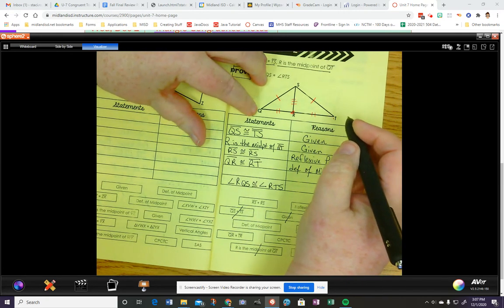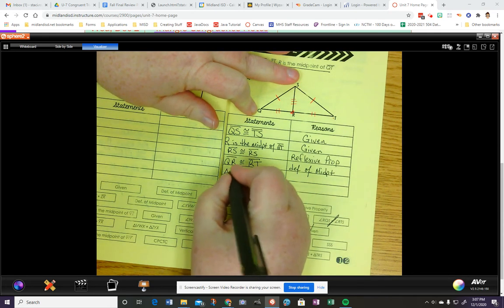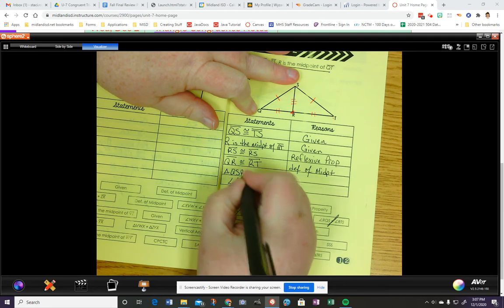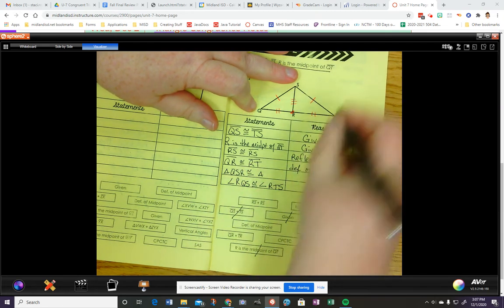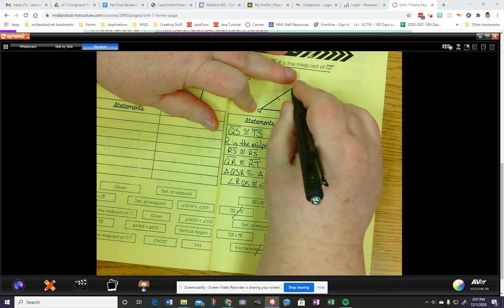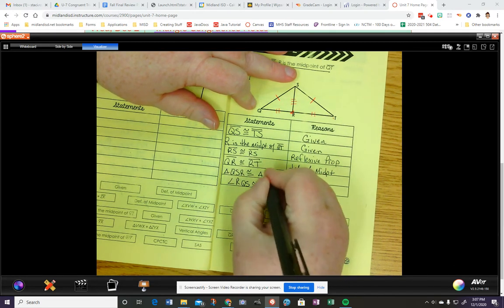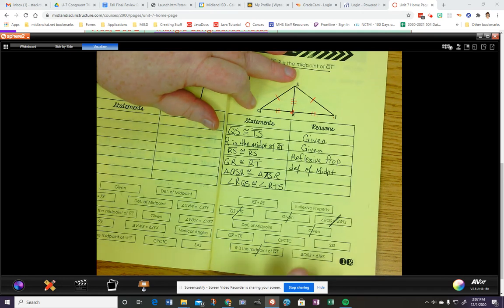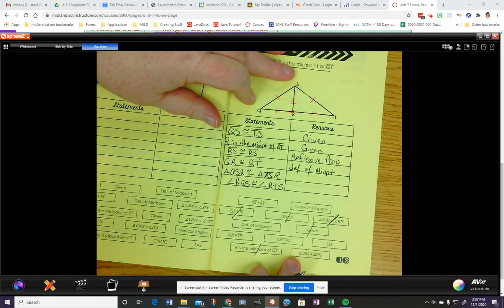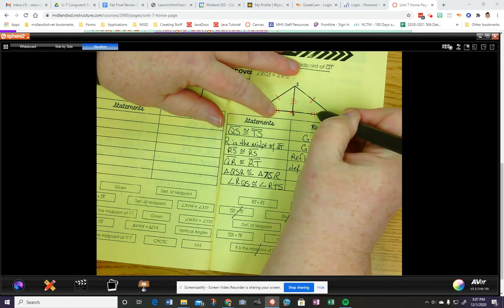What do you know about the triangles now? Triangle QSR is congruent to triangle TSR. Why? Well, I've got side, side, side.